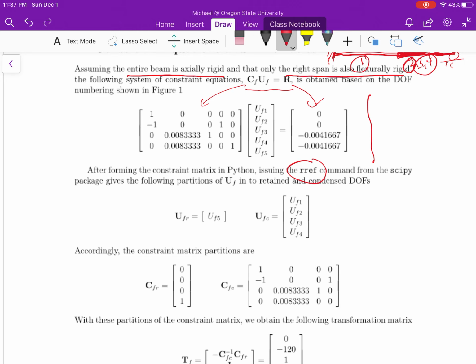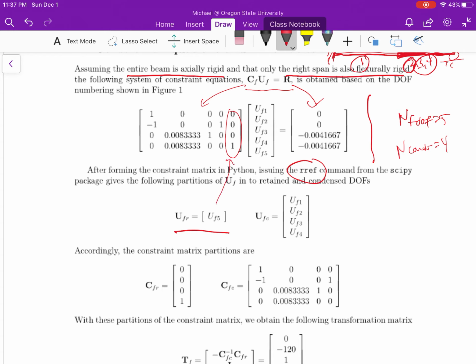There are 5 unconstrained degrees of freedom, and then there are 4 constraints. So that leaves only one retained degree of freedom, which is UF5, the rotation at the roller support.